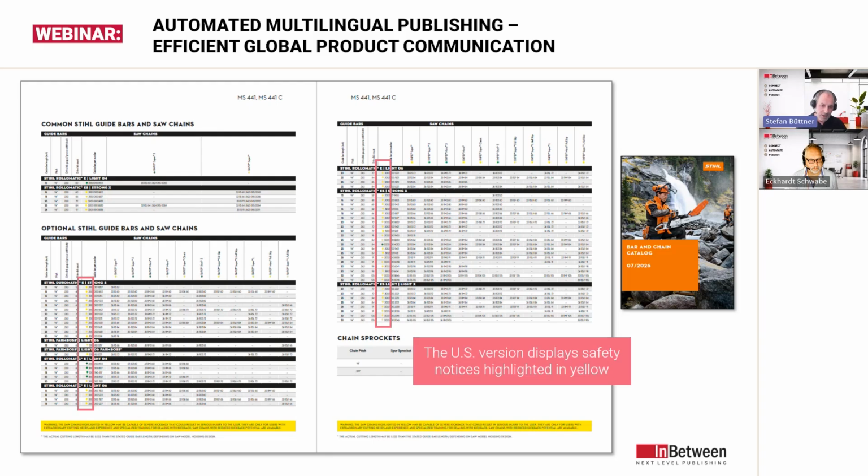And even in the tables, there's a special column that only appears dynamically for the US version, which shows that some security and safety devices must be taken into concern if you're really using this combination of chainsaw, bar, and chain in the United States.